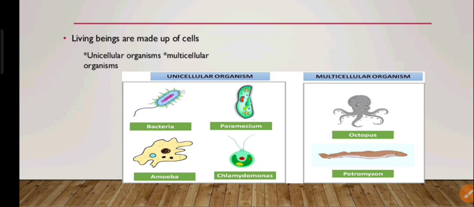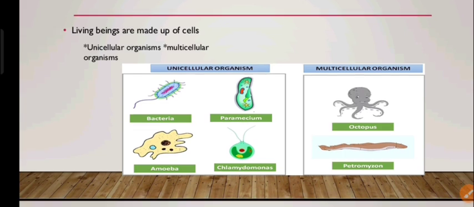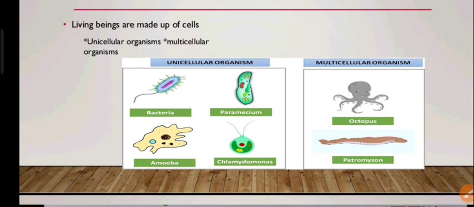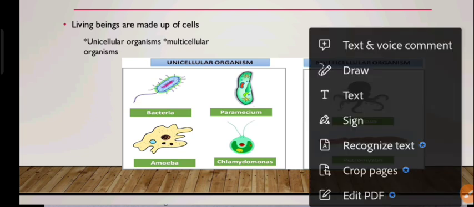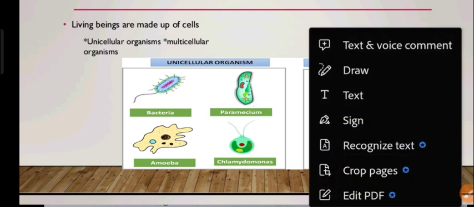Cell is a structural and functional unit of life. A cell gives the particular structure of that organism and also performs a particular function in the organism. So we can say cell is the structural and functional unit of life.